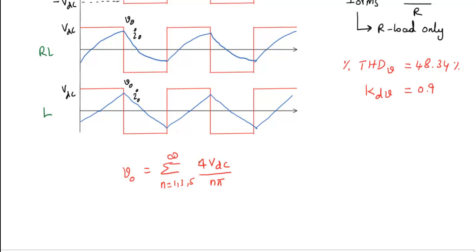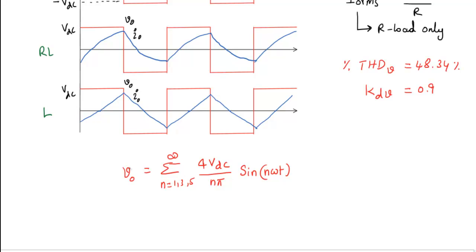As I told you, for a square wave, 4 by n pi is a constant multiplied with the magnitude. Magnitude is VDC into sine n omega t. Okay, so this is the Fourier series for that, and it is starting from 0. That's why no phase shift, nothing will be there.